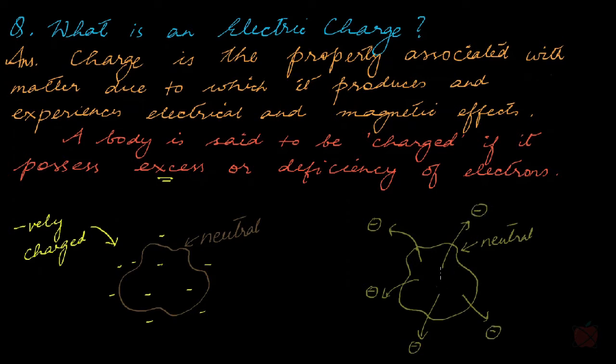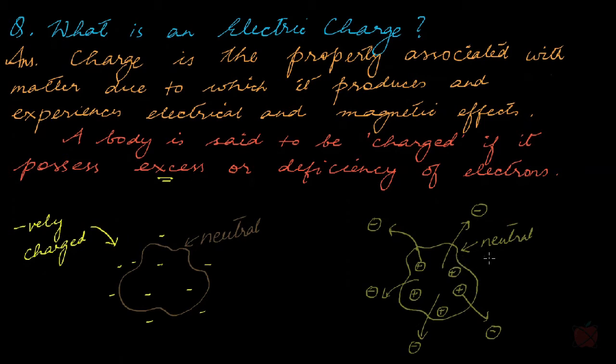Because I've taken out 5 electrons, now this body will acquire 5 positive charge, because basically positive charge means deficiency of electrons. So here you see that there are less number of electrons present in this body.